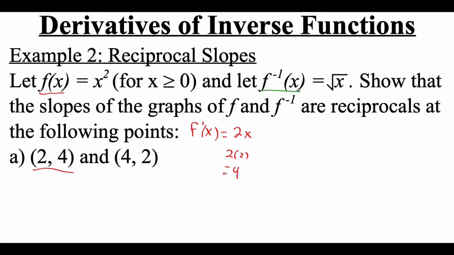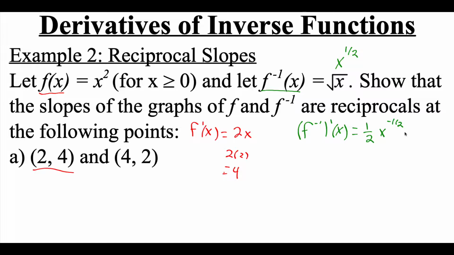But now let's talk about our inverse function. If we're finding slope there, we're going to have to find its derivative. So if we're doing the derivative of our inverse f function, we've got the square root of x, but I'm going to write that as a power. I'm going to write it as x to the 1/2 power, because then I can use my power rule. So I drop the 1/2 down in front as a multiplier, but then I have to subtract 1 from the power, and 1/2 minus 1 is negative 1/2.